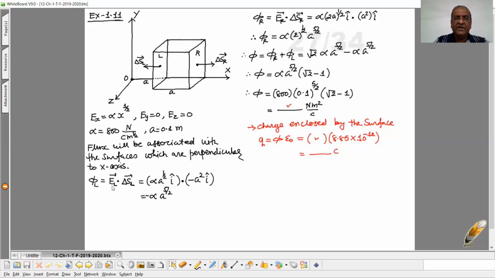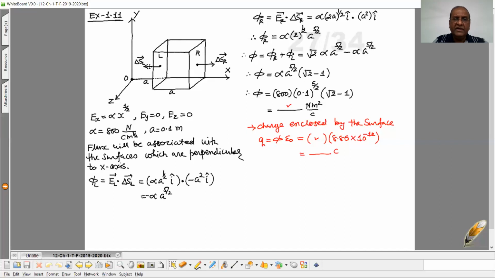Now the flux associated with that particular surface. The electric field at the position of the left surface, dot delta SL. The electric field is alpha a raised to 1 by 2, in the x direction, so i caret. Now the area vector is always represented in the outward direction for a closed surface.